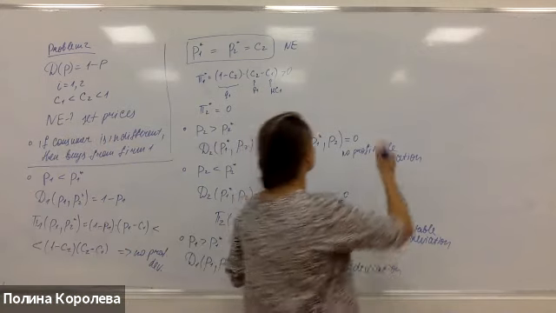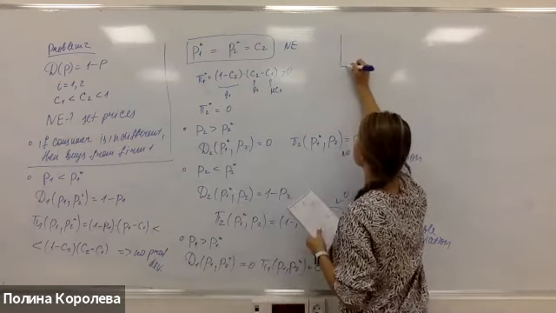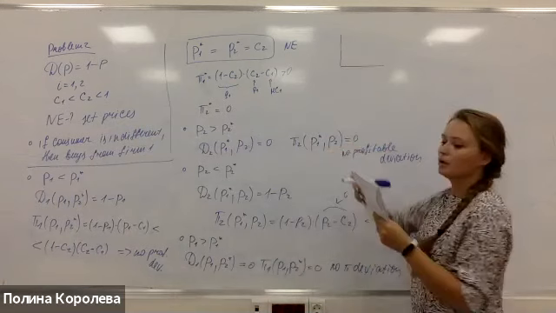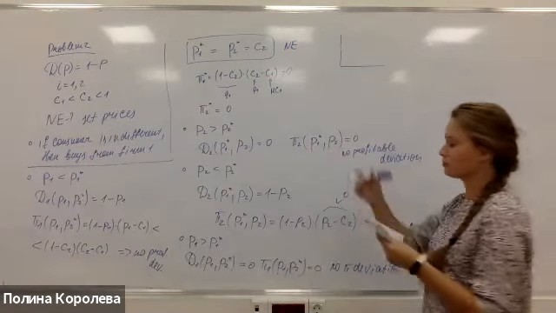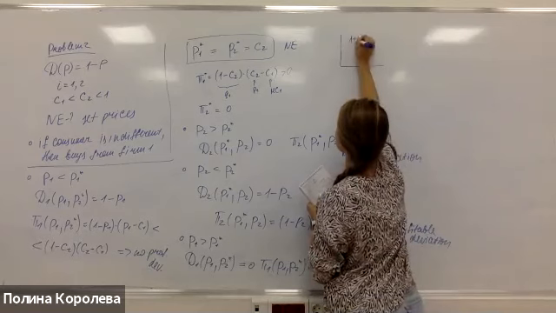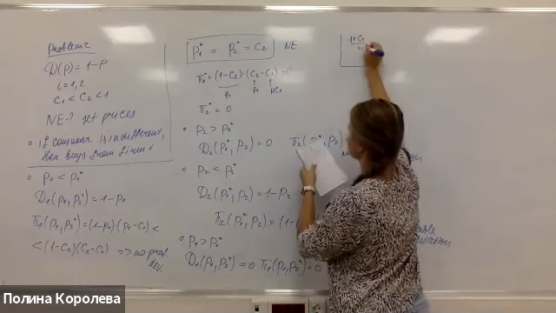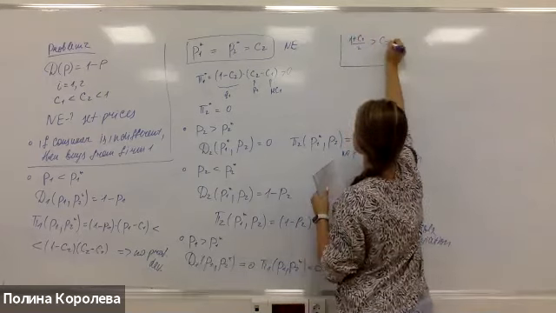So now, one more thing. In your task, you have the assumption that (1 plus C1) divided by 2 is greater than C2.